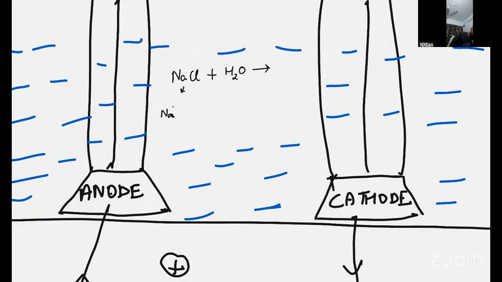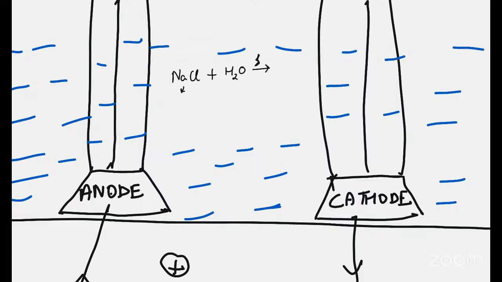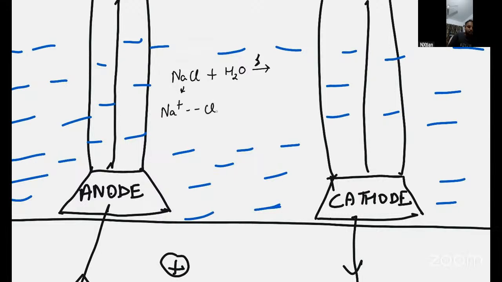What happened? The Na plus and Cl minus bond broke because of electricity. Are you with me guys? Say yes or no. Did you understand? The Na plus and Cl minus bond broke, and in the same way water also broke, into H plus and OH minus.